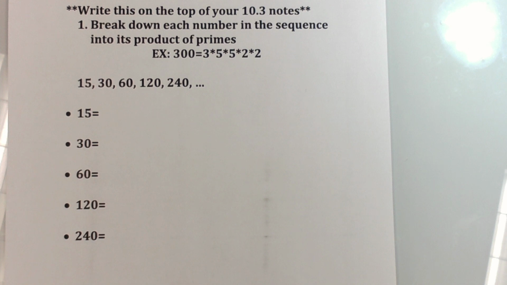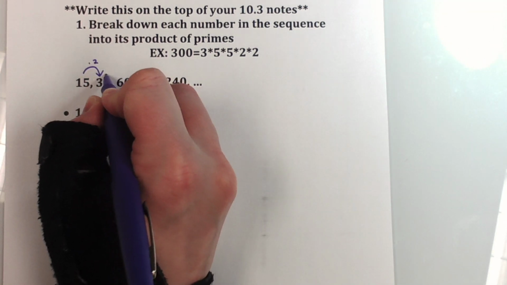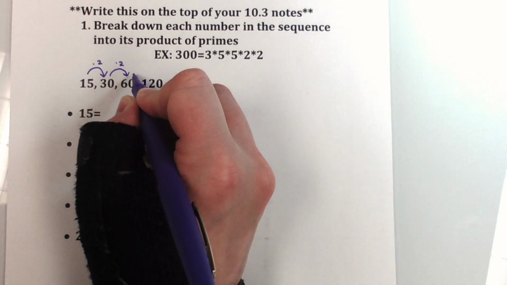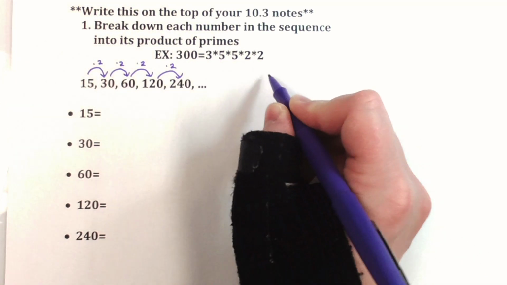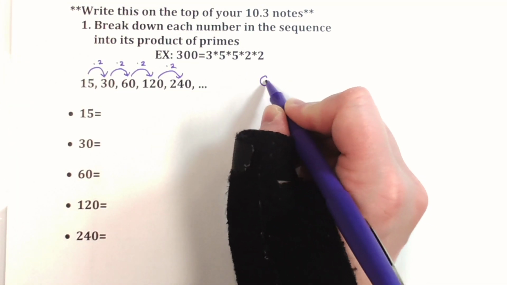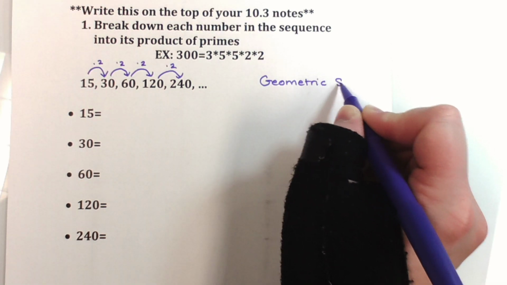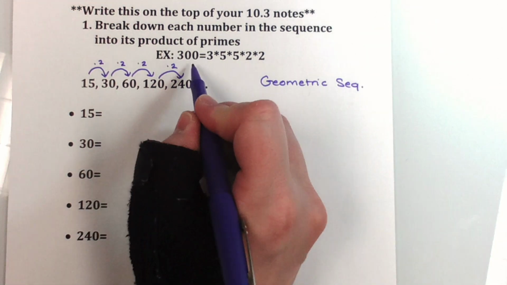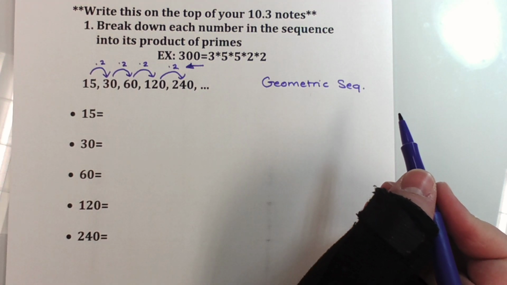It is multiplying by 2 every single time, making it a geometric sequence. And this multiply by 2 every single time is what?